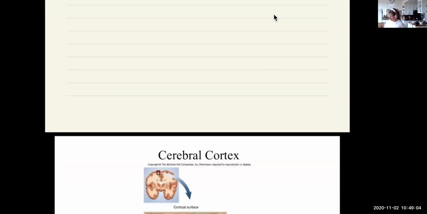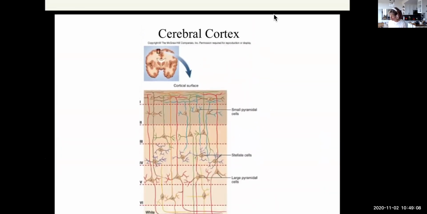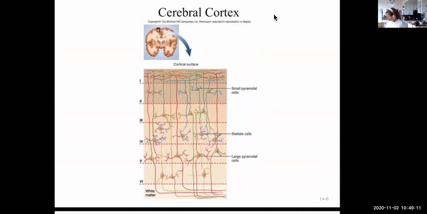Good. The cerebral cortex is interestingly quite thin, only 3 millimeters thick. Part of the cortex, 90%, is known as neocortex. Neocortex means the newest part of the cortex.